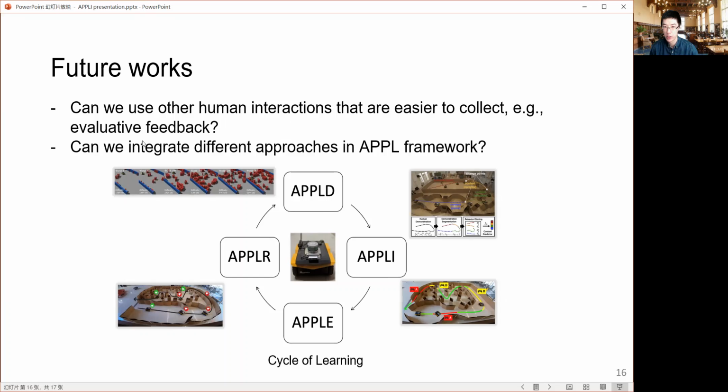For example, evaluative feedback that doesn't require human to control the robot. The second direction is, in the APPLI framework, we have a lot of methods. Can we integrate and combine them to further improve the performance of the navigation system and maybe form some cycle of learning?